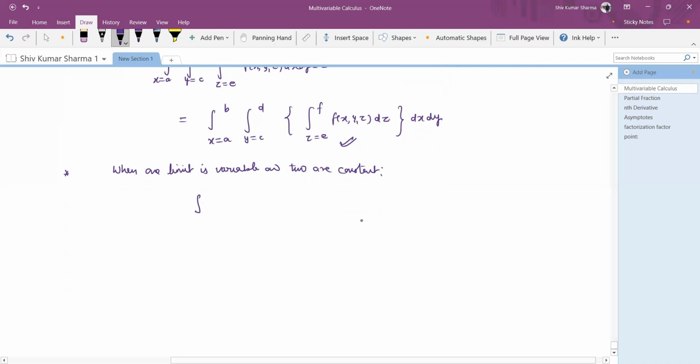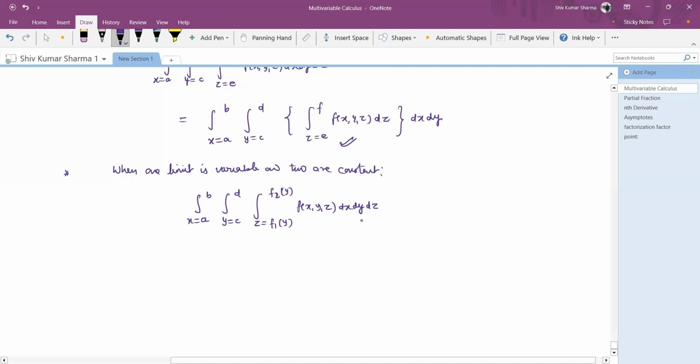The situation may occur in this form: x equal to a to b, y equal to c to d, and the z limit is variable in the form of y, from f1(y) to f2(y), of the function of x, y, z, dx dy dz.